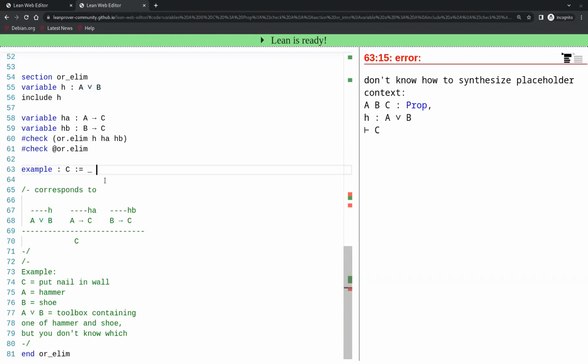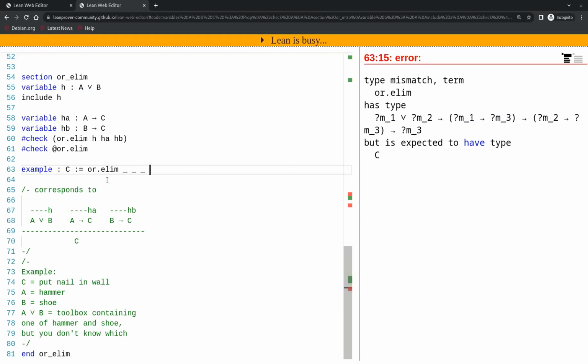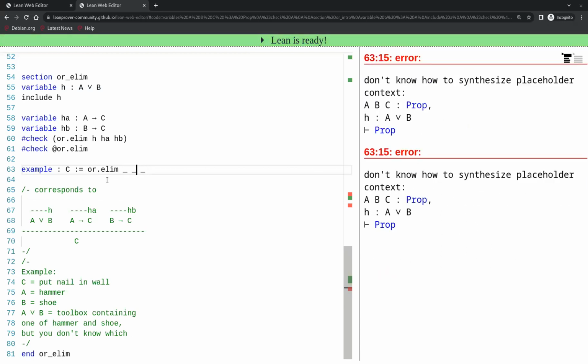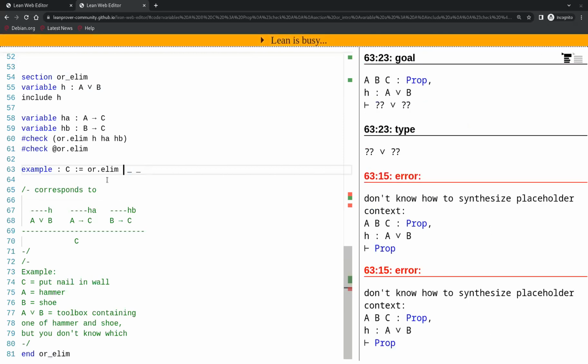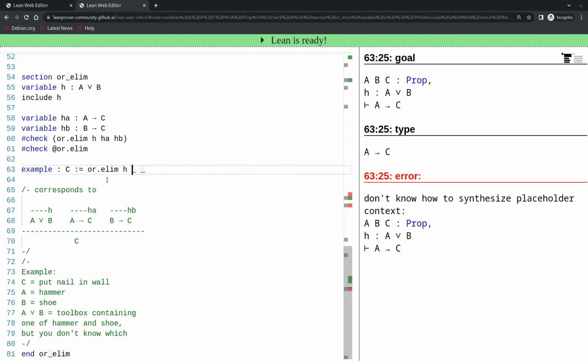So how does this work in an interactive proof? Suppose the goal is C. You want to construct a proof of C, and you have a proof of A or B at your disposal. Well, to do this, you use the OR elimination rule, and the OR elimination rule takes three arguments. The first argument will always be the proof of the disjunction. And then you have two more arguments that you need to fill in, possibly interactively.